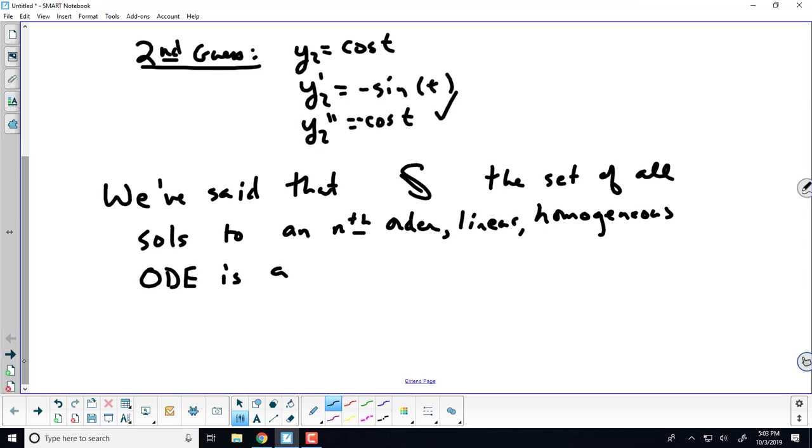So this was one of our examples when we introduced this topic. And you can kind of take a guess based on the way I drew that with that bold face. What's that? Vector space? It's a vector space. The set of all solutions is a vector space.